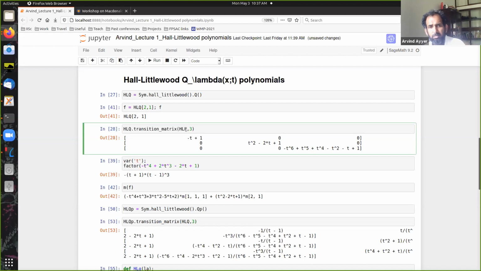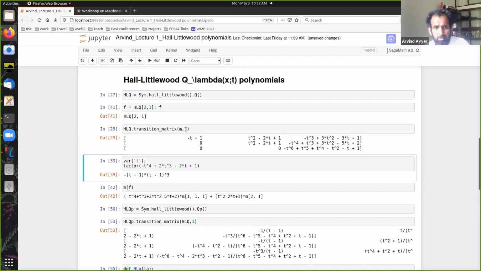We can do it in other bases and so on. The entries will look much more complicated because you have this extra b lambda of t hanging around, which distinguishes P from Q.